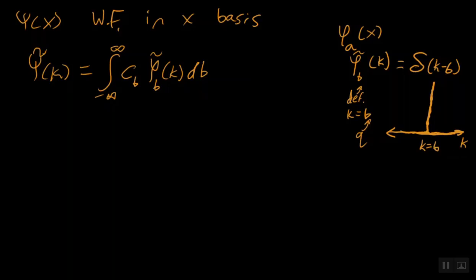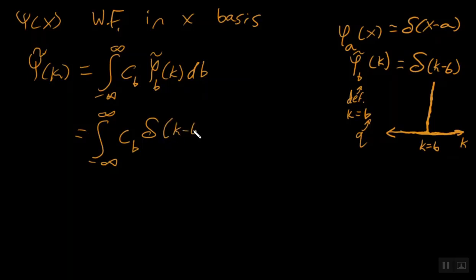But if you can wrap your head around that, it's the same logic that we used for having the Dirac delta function be phi sub a of x, delta of x minus a. So hopefully you can see how this makes sense. And so now we know that this is the integral from negative infinity to infinity of c sub b delta of k minus b db.